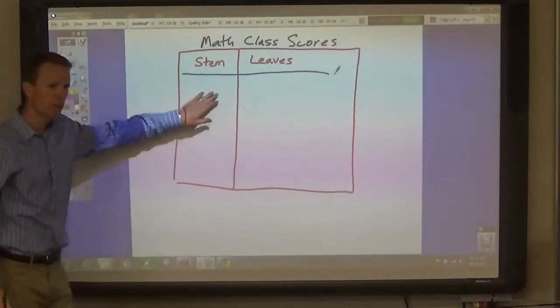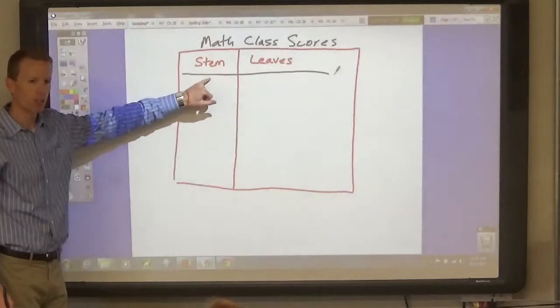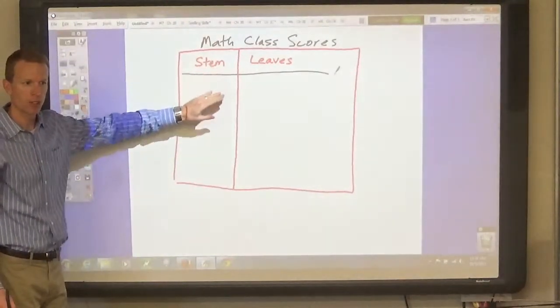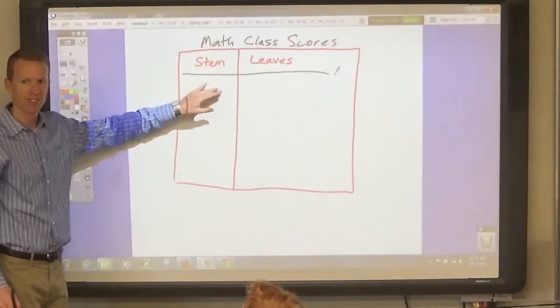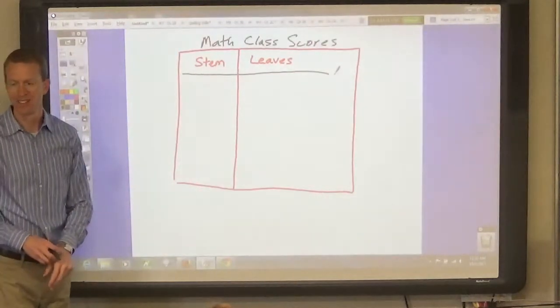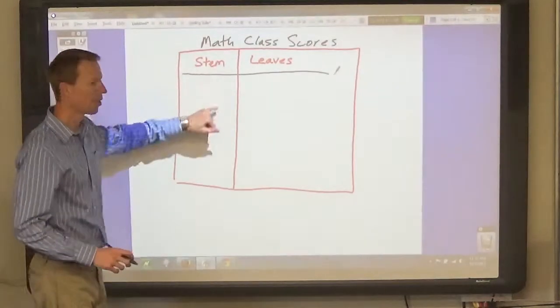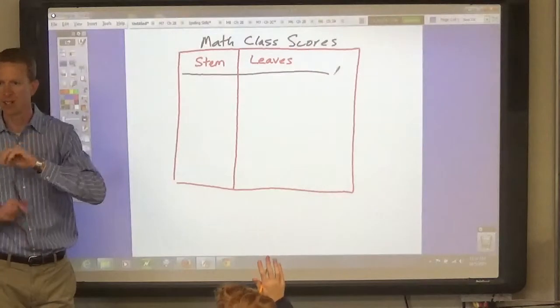Now, how are the numbers organized? When you do a stem and leaf graph, what does the first column look like? How are the stems organized?